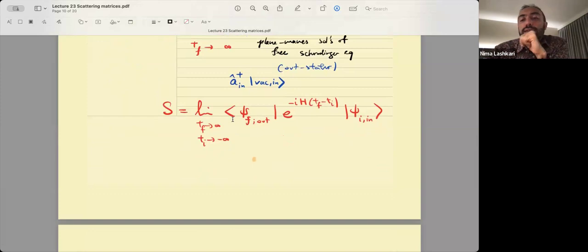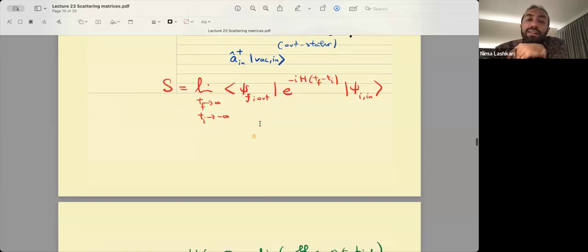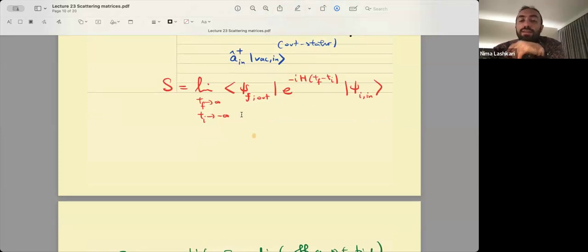So the S matrix is basically you start with some initial psi in, you evolve it by e to the minus iH (t_f minus t_i), and overlap with psi out, sending t_f to infinity and t_i to minus infinity, evolving from early time until late time in the future.